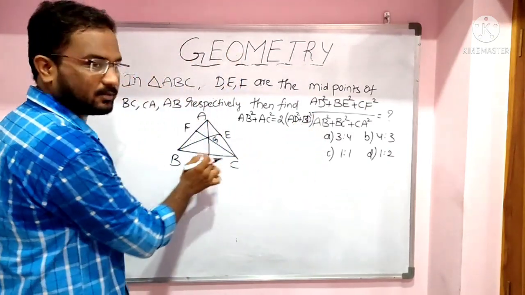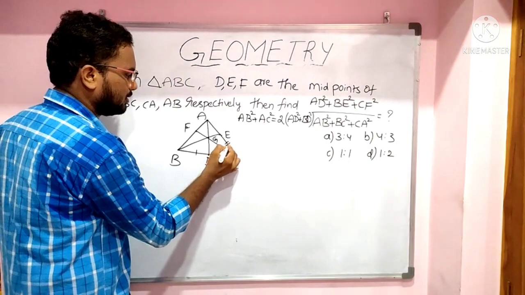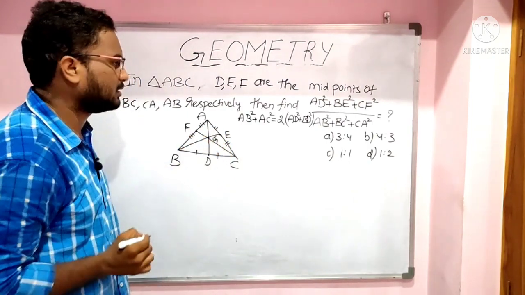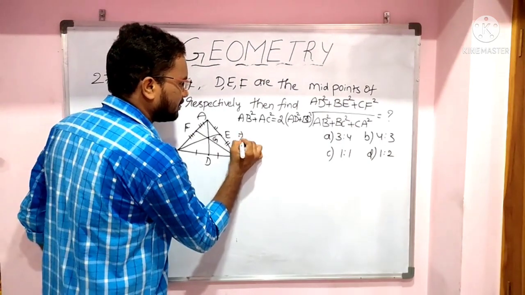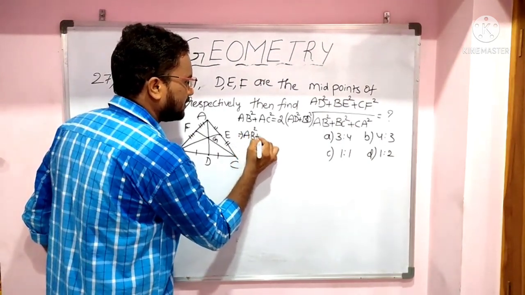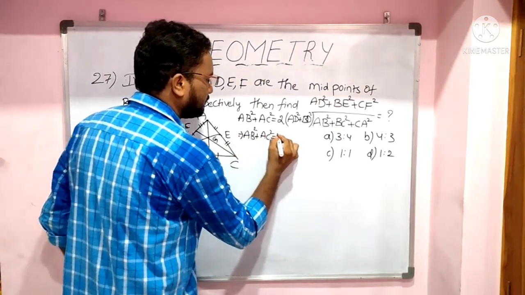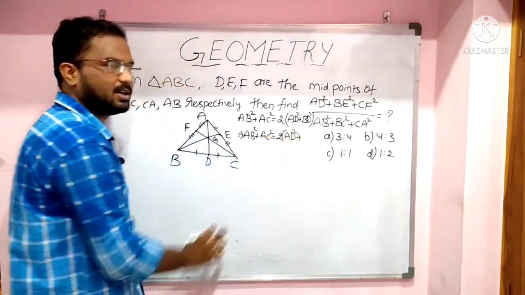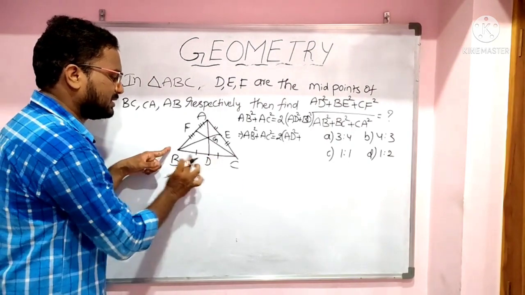BD square or DC square, because these two are equal. So AB square plus AC square equals 2 into AD square plus BD square, which can be written with BD equal to BC by 2.